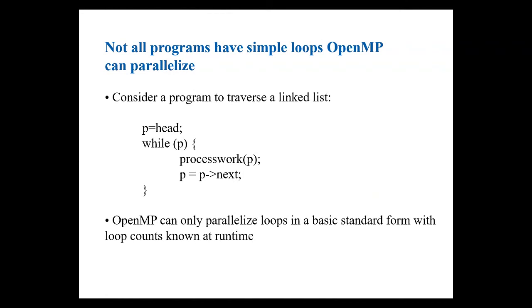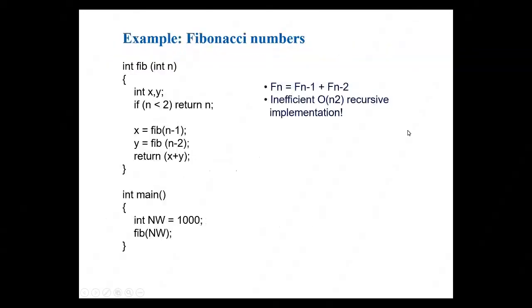So in this case, there is no count, so you cannot use this type of application in a loop structure. That's something the existing OpenMP cannot do, because OpenMP is typically used to parallelize loops. The other example is recursive applications.